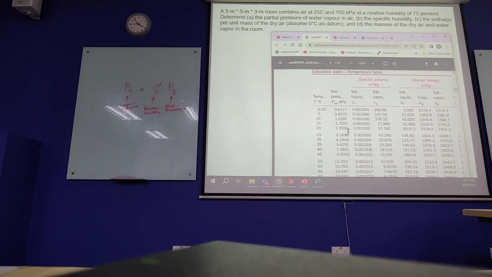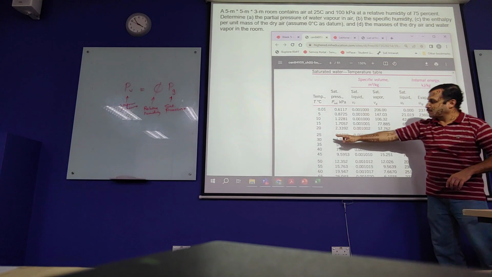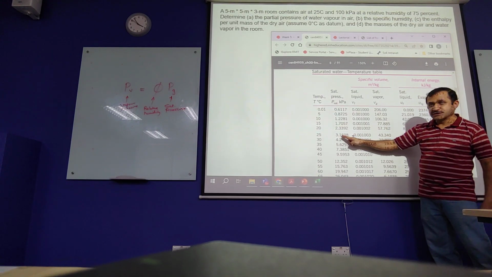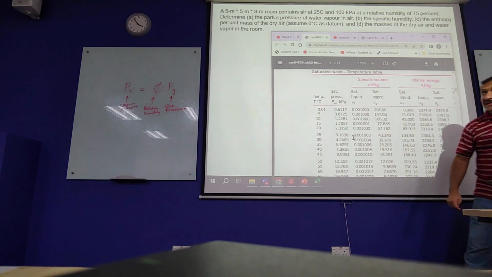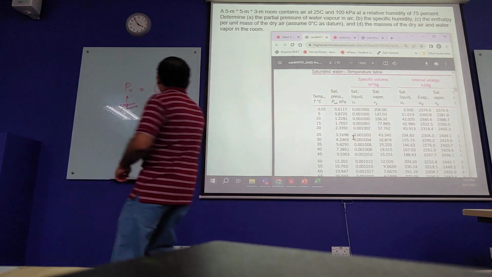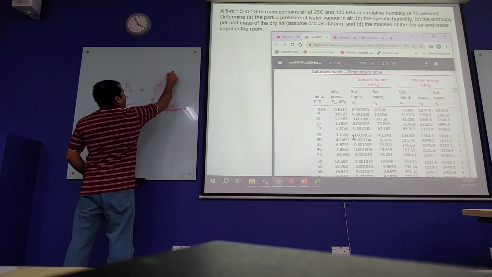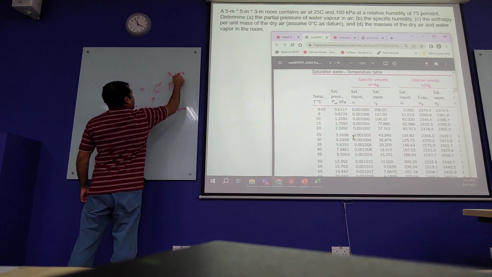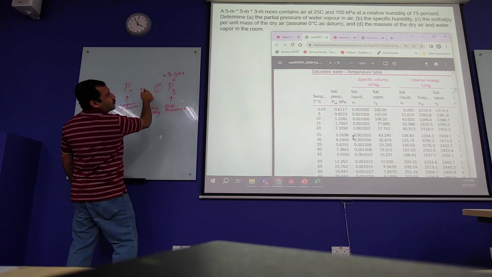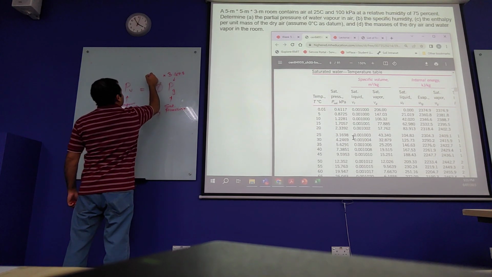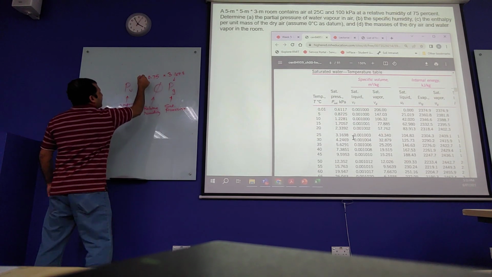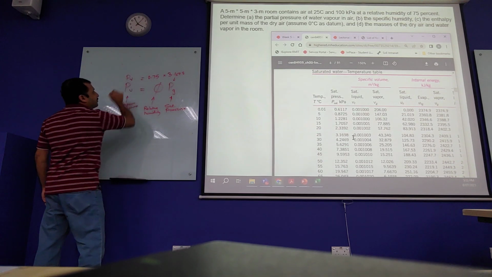At 25 degrees Celsius, 3.1698. So air temperature is 25, corresponding saturation pressure is 3.1698. Relative humidity is given as 75%, 0.75, and that will give you your vapor pressure.